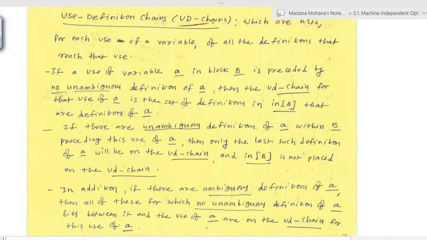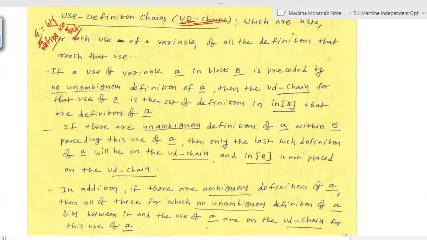For example, A equal to B plus C. Here A is called the define. B and C are used or referenced in the three address code. So the combination of use and definition is called UD, now with the chain combination.